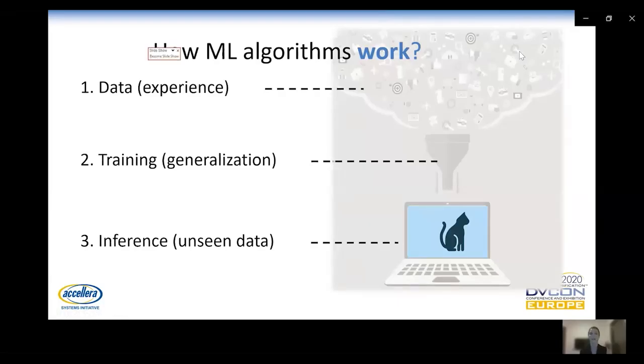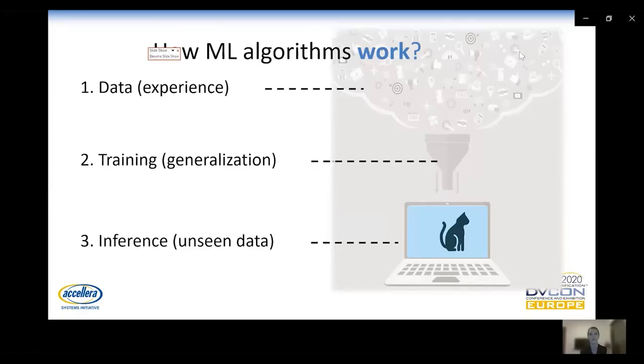So machine learning algorithms actually include three main steps. The first one is collecting the data, as much as possible and all of the data that is required. The second step is to train the algorithm. And when we're saying train, we are talking about the ability to generalize the view of the problem, and we will talk about what that means in a few slides.